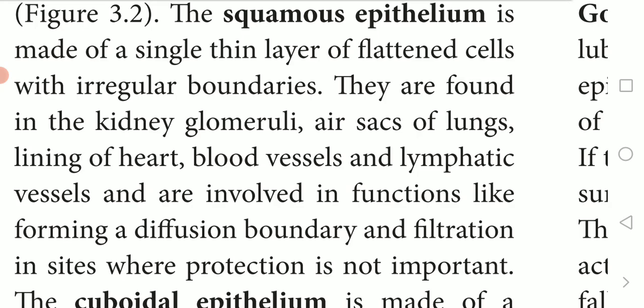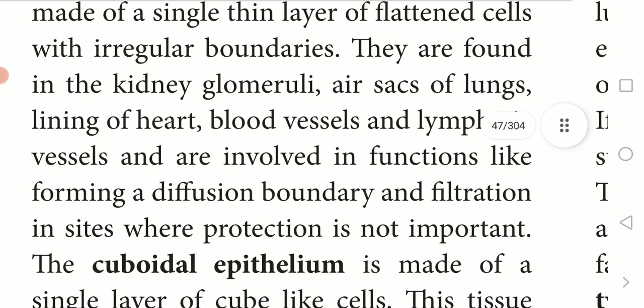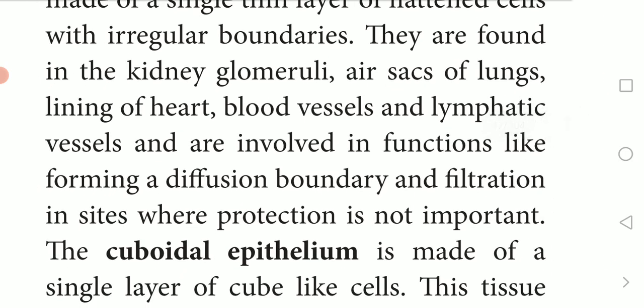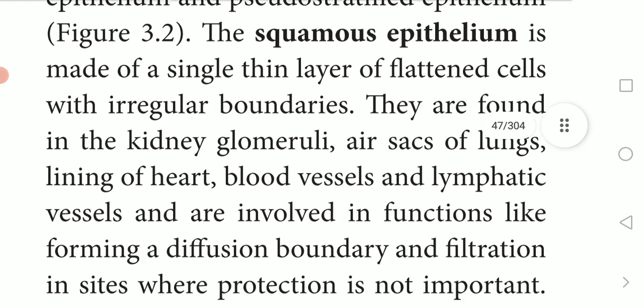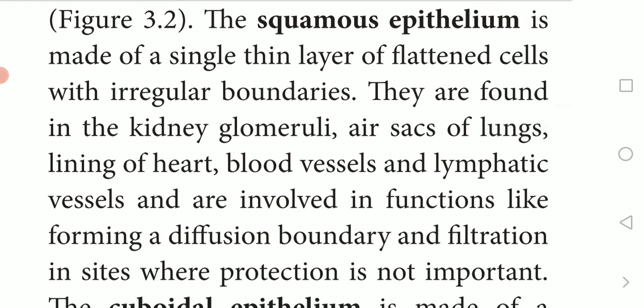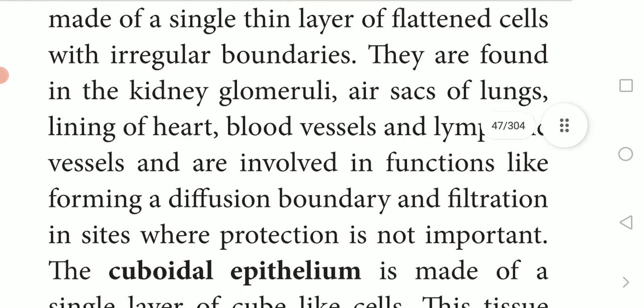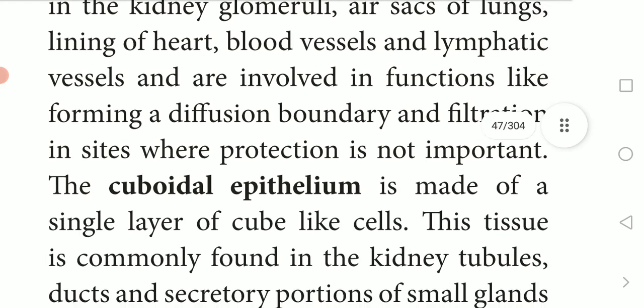Its functions are forming a diffusion boundary and filtration sites where protection is not important. Filtration is very important here, because the waste in the blood is filtered out in the glomeruli with the help of this epithelial tissue.